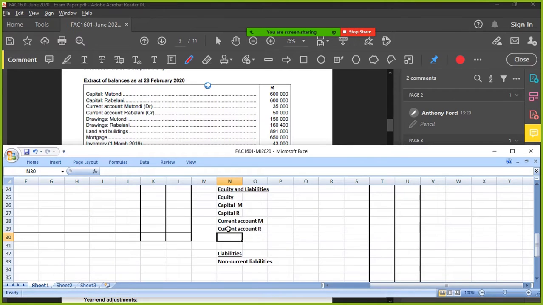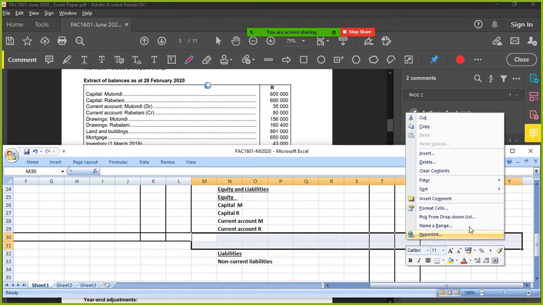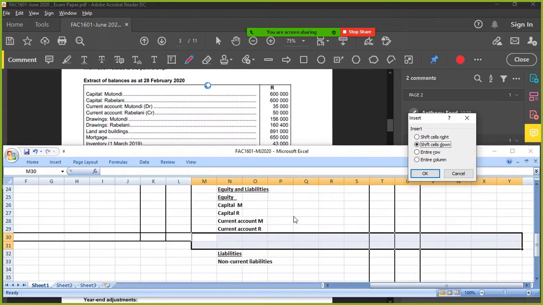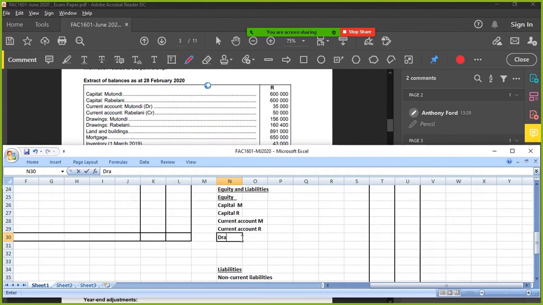Okay. Oh, you've got drawings as well. Okay. Lots of stuff here. Okay. Capital M brackets 600.